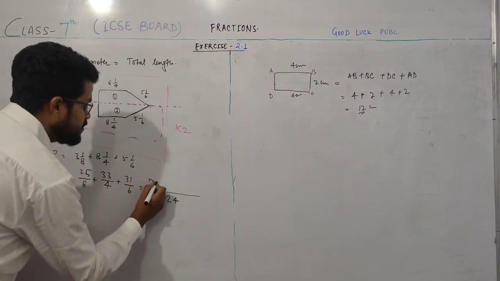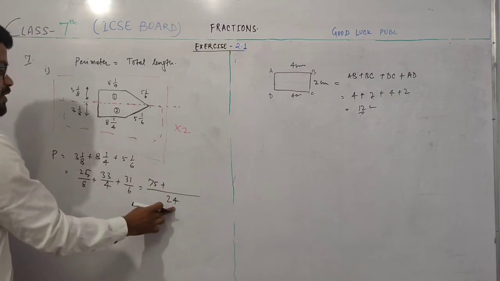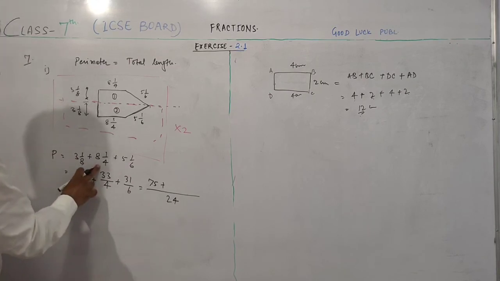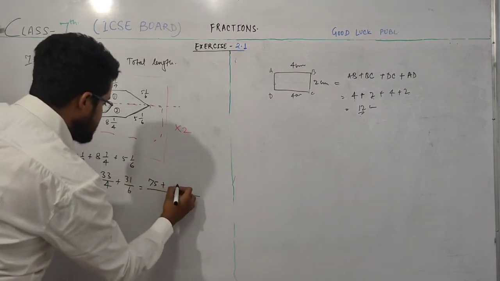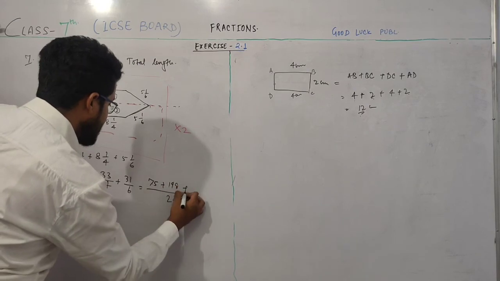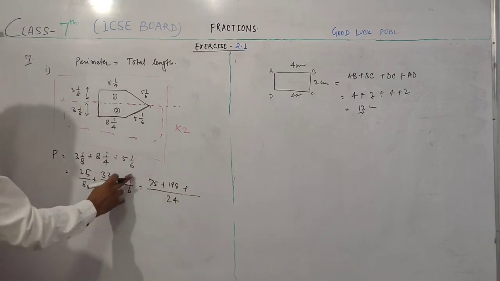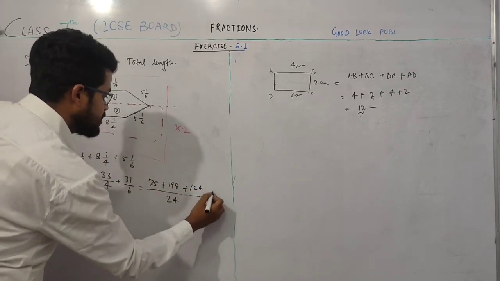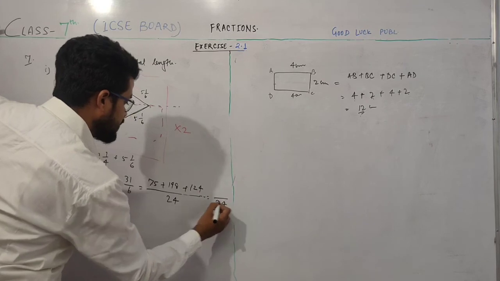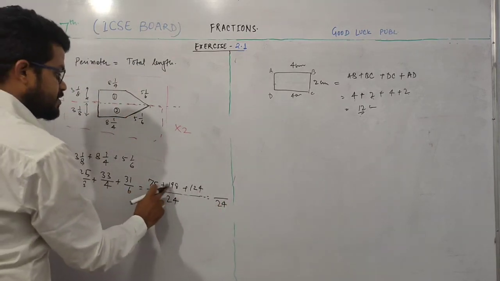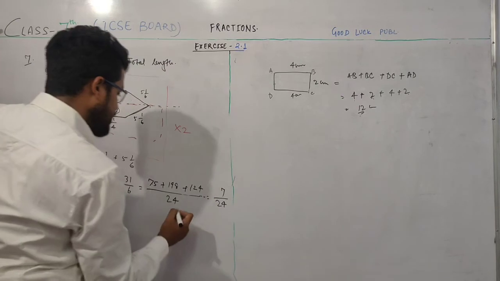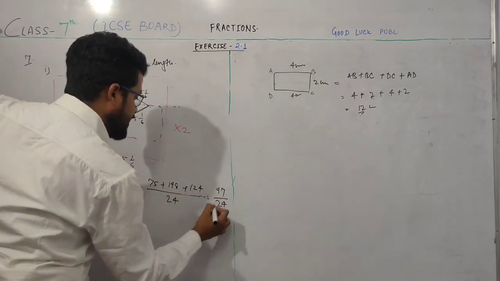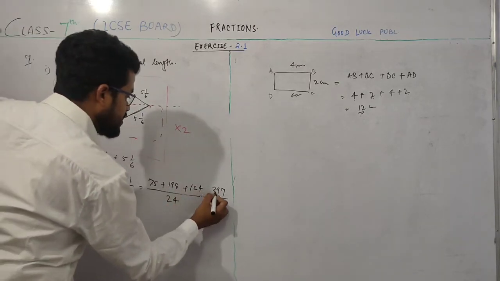So 25 times 3 is 75, plus 24 divided by 4 is 6, so I multiply this 6 with 33. 6 threes are 18 and 19, 198, plus 24 divided by 6 is 4, so I multiply 4 threes are 12. Now simply add these: 75, 198 and 124.